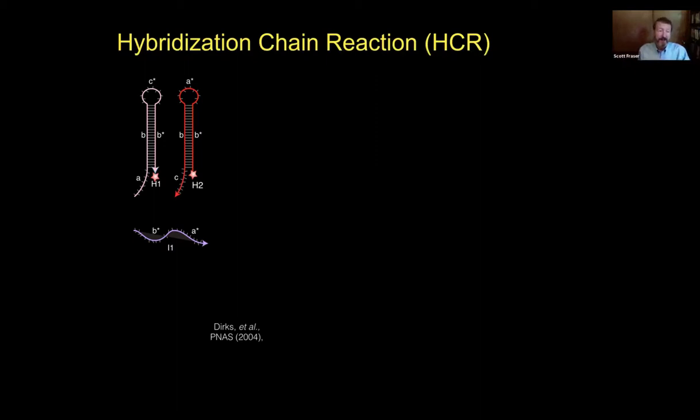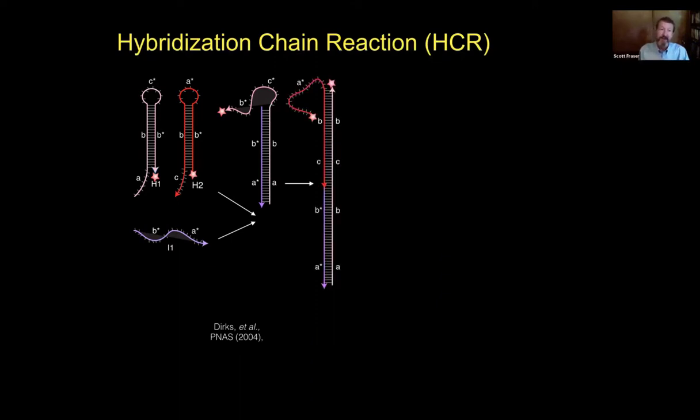And the initiator, which you can see is the little squiggle at the bottom, has a sequence that's designated as A star B star. That means it's complementary to the A that's in the toehold for hairpin 1. And so if it binds to that toehold, now it can make base pairing to the other half of the hairpin, displacing it, doing a strand displacement that opens up that hairpin, and it reveals C star B star, which happens to be the initiator for the other hairpin.